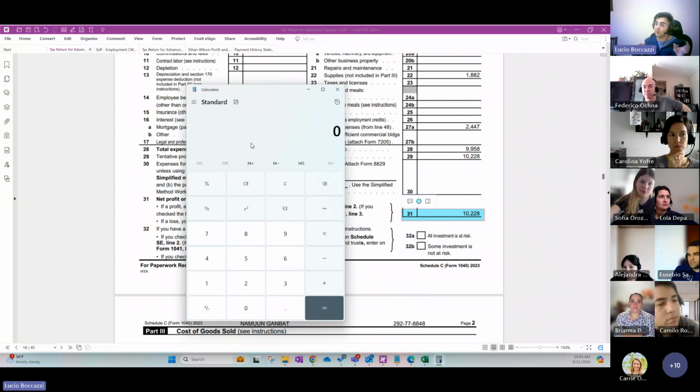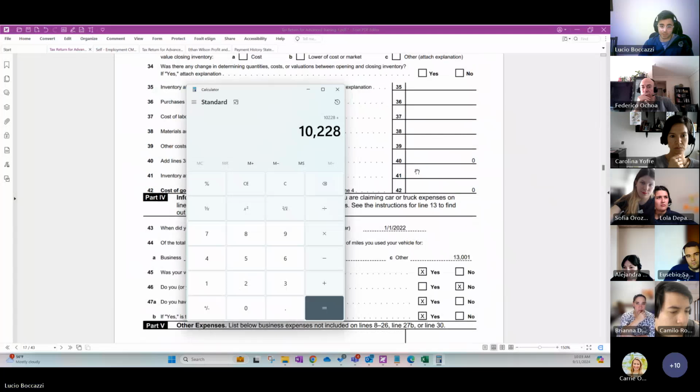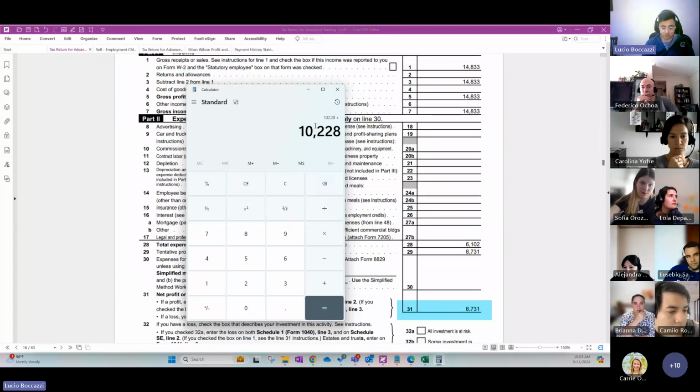Meaning in the Schedule 1 and the 1040, we will have a total from everything that comes from John and from Namun together in one. So if I add together all the Schedule Cs from both of them, it should match what we have in the Schedule 1.